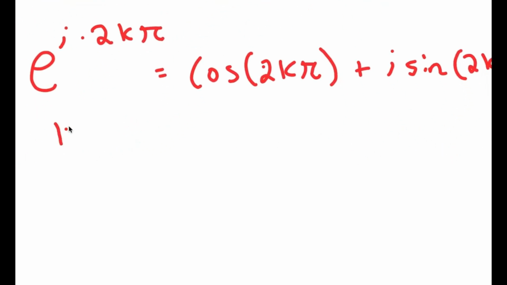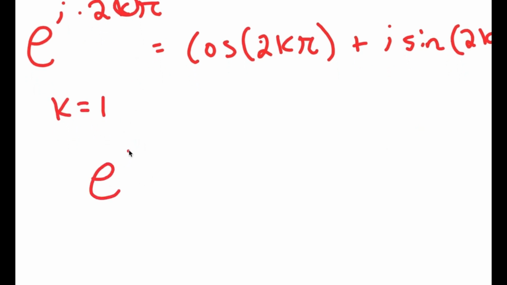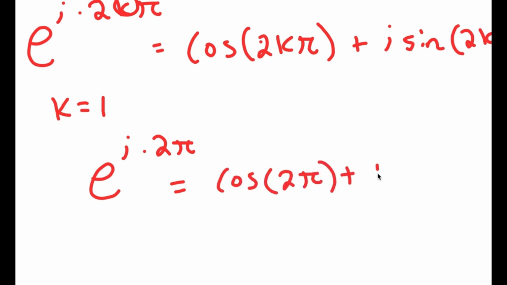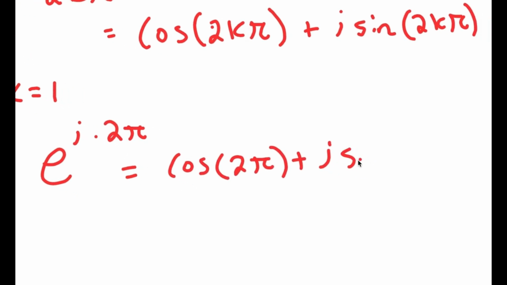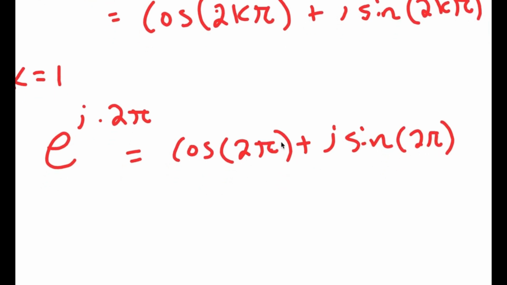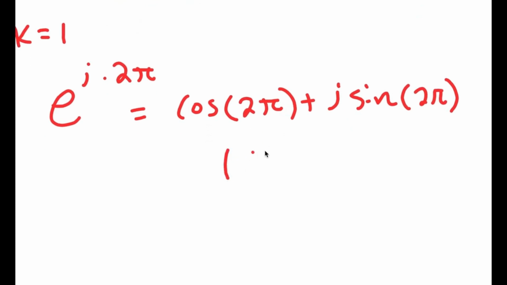Now, what if k is equal to 1? What if our constant k is equal to 1? Then I get e to the power of I times 2 pi is equal to cosine of 2 pi plus I times sine of 2 pi. Now, cosine of 2 pi is 1, and sine of 2 pi is 0.